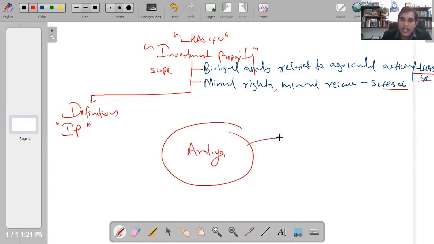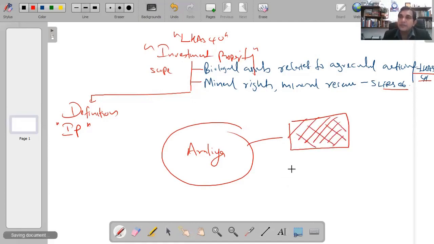In this business, there are many non-current assets, or rather I would say property, plant and equipment. Let's assume there is a land.